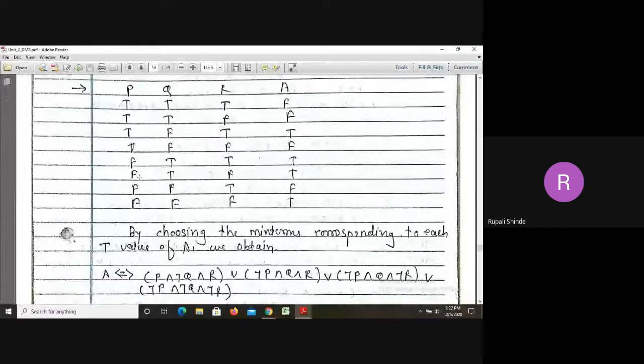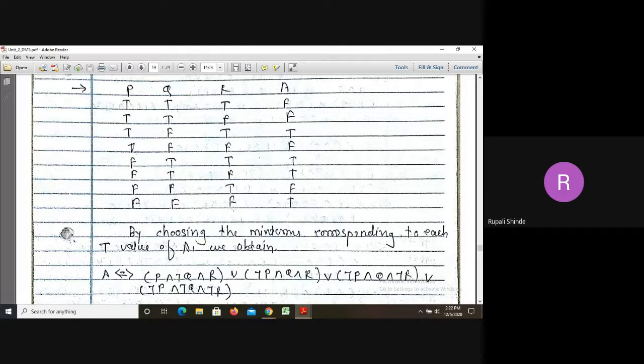So for this F, we have to take negation of P and Q and negation of R. And lastly, for this T, the combination of truth values for PQR is FFF. So we have to take negation of P and negation Q and negation R.